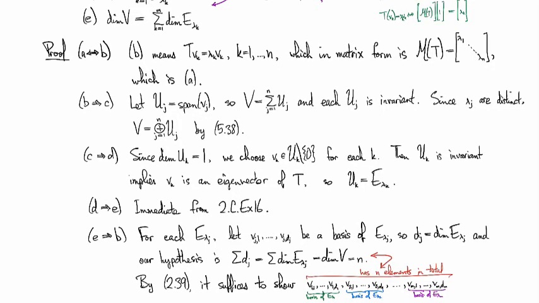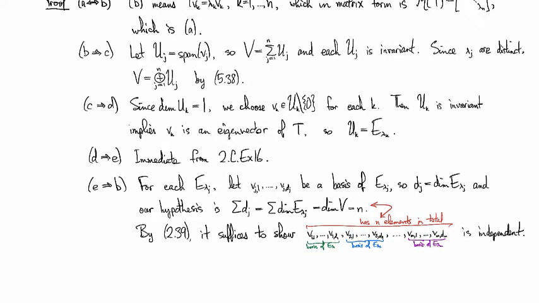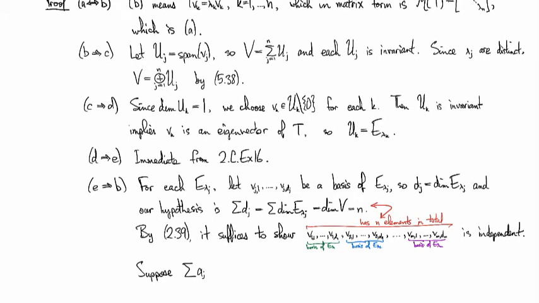So we want to show that we've got an n element list that is linearly independent. So we do the usual thing, and we suppose that we have a linear combination. Suppose we have the sum of AJK VJK equals 0. I can rearrange this sum so that it looks a little bit prettier, collecting terms by whichever subspace they're in.